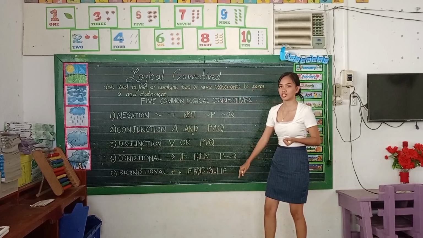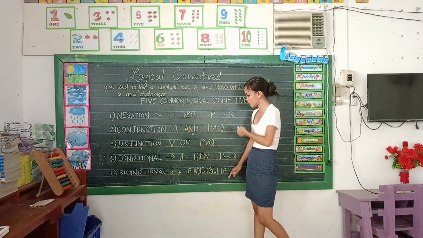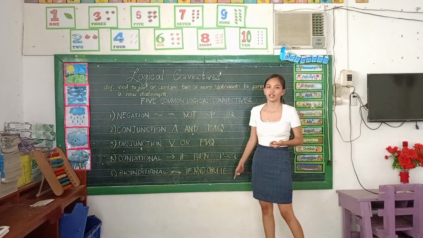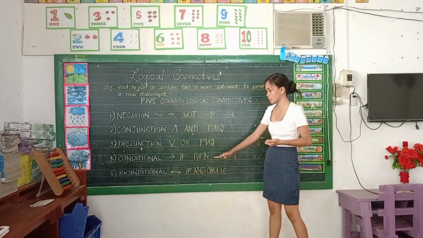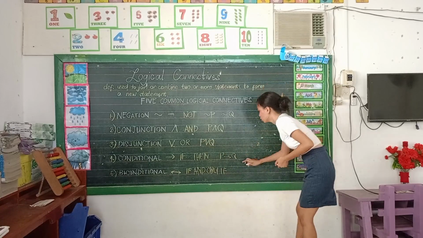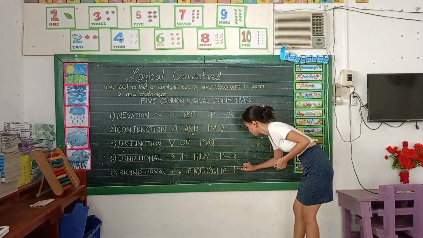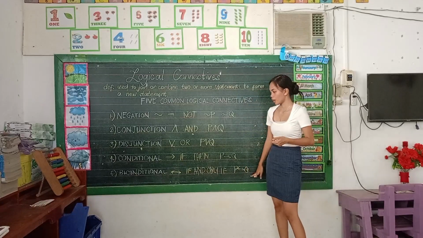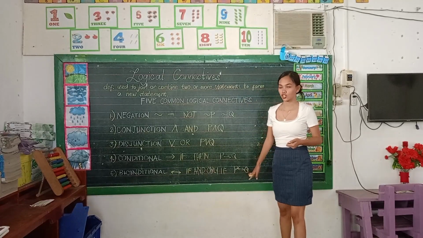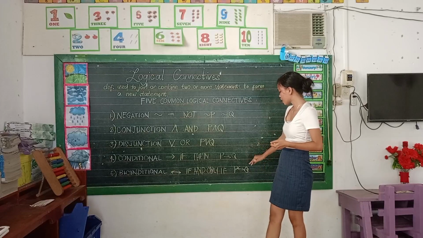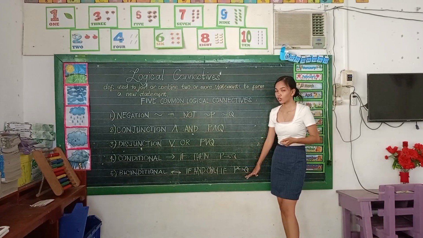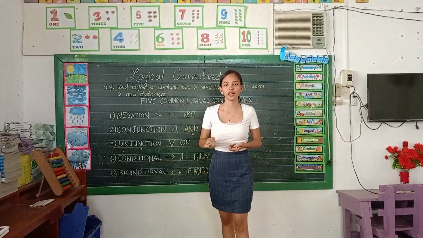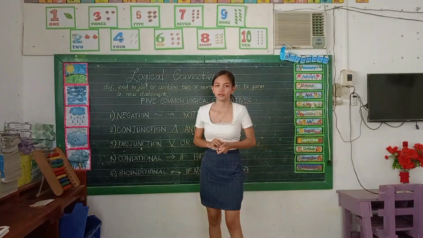So this is the famous if and only if statement. If we connect or combine two propositions using the biconditional connective, it will be written like this. And this translates into statement P if and only if statement Q. So those are the five common logical connectives.